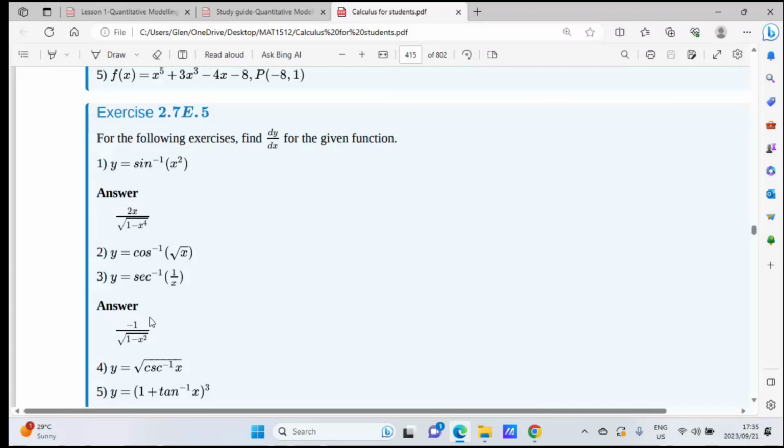Is your answer for number 4 like half times cos times the square root of the inverse of cosecant, and then times that huge bracket, like -1 over absolute value of x square root x squared minus 1, at the end? And the inverse of cosecant x is to the power of negative half. Yeah, that's what I thought.